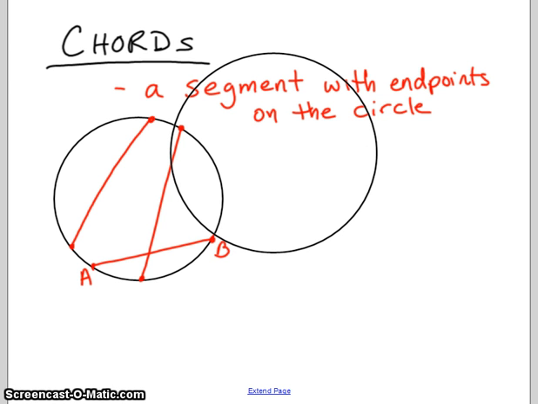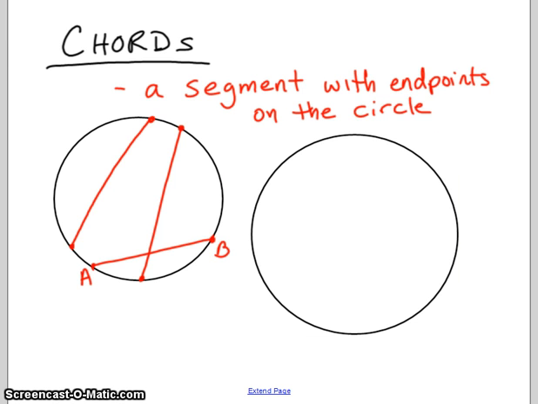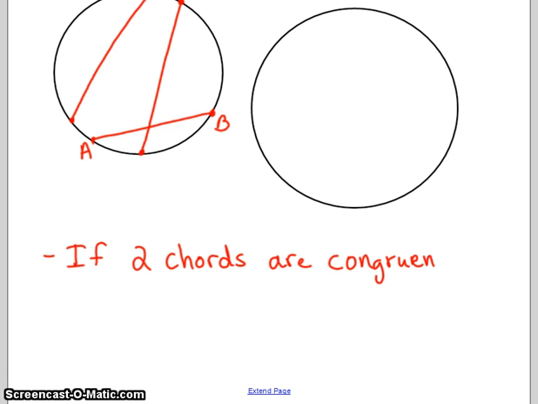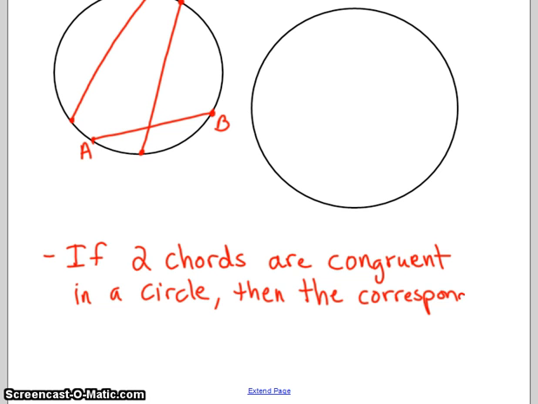Alright, the first rule we're going to talk about is if two chords are congruent in a circle, then the corresponding minor arcs are congruent.